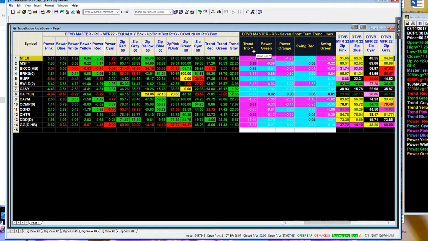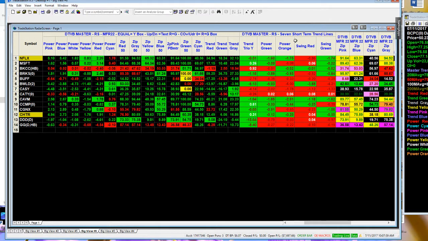All of them cross over at the same time. So there was only a need for 5 columns. I chose yellow because it was closest to zero, both when it is above zero and when it is under zero. And so the 7 short-term trend lines, those 5 columns, are one indicator, even though there are multiple columns.